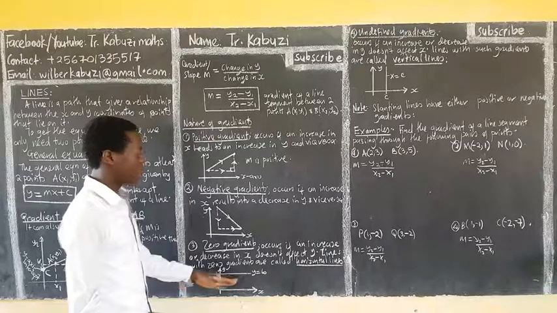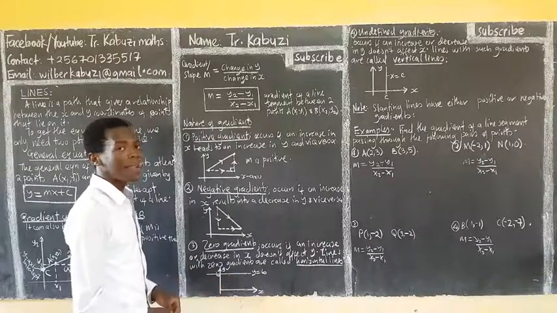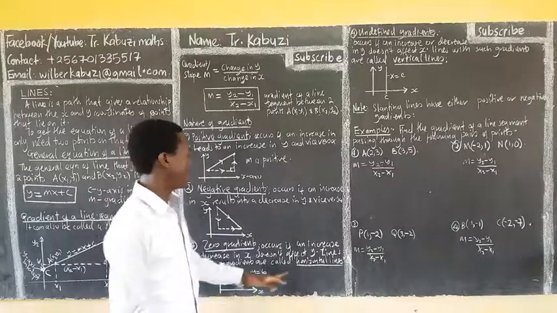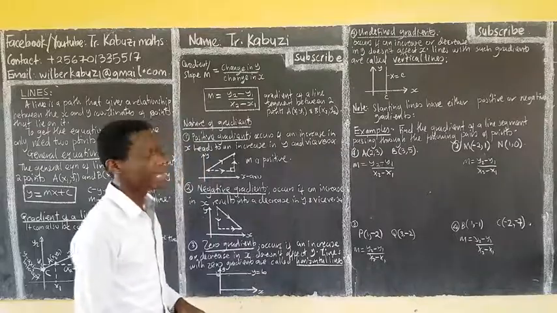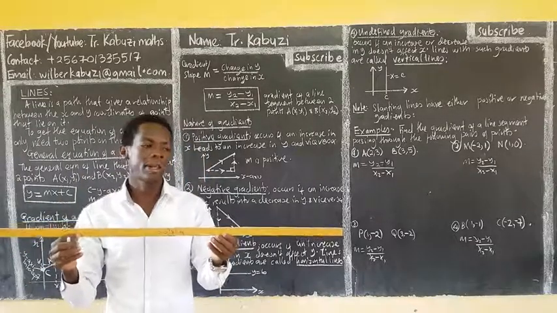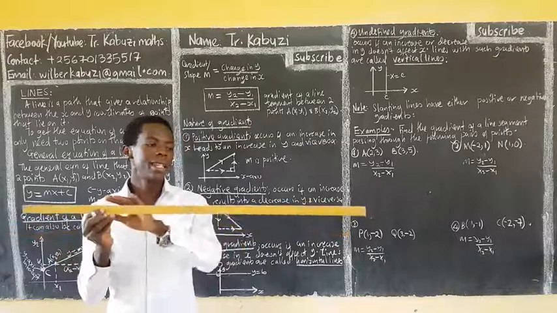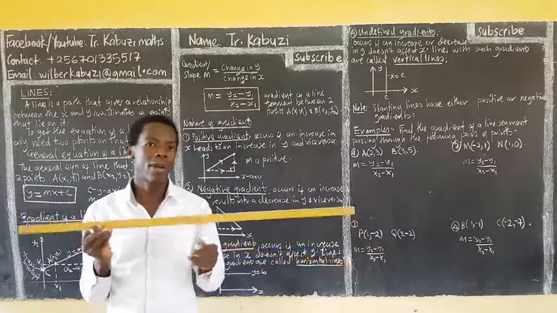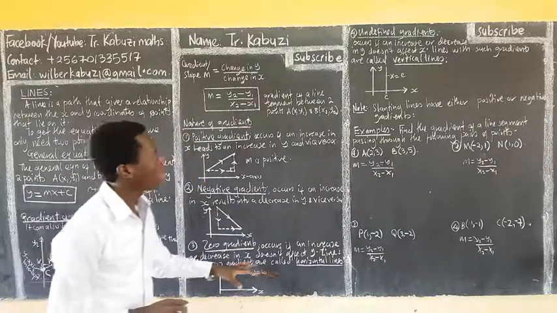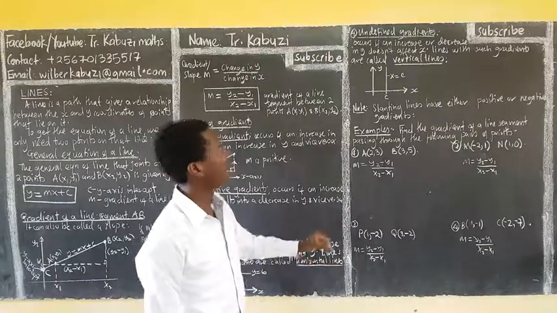So here we are going to be having zero gradient. And these happen if we are having horizontal lines. When I hold this ruler like this, in horizontal shape, lines like this always have zero gradients. We are going to see why.